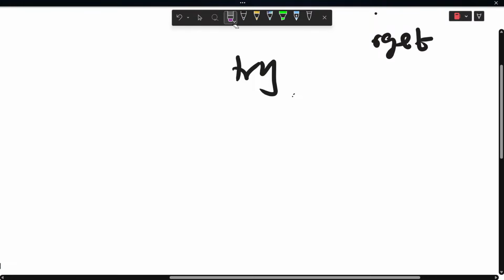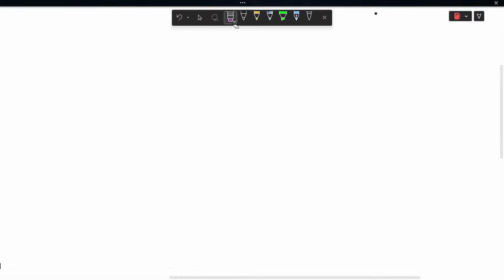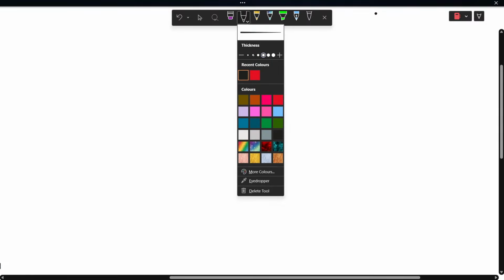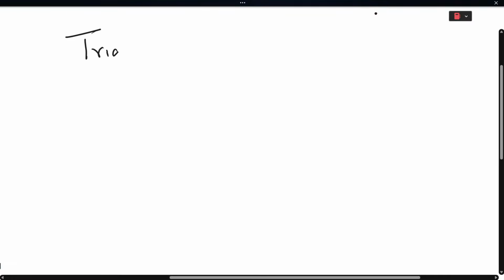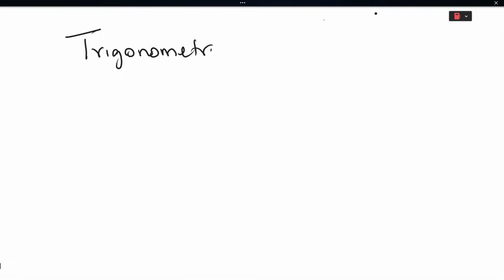Try to reduce the pen. Okay, so in trigonometry, there are things that you need to know. It's what we call trig ratios, trigonometric ratios.